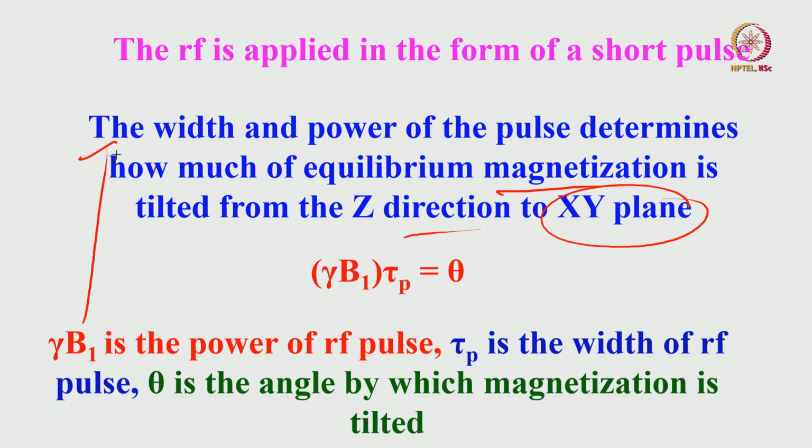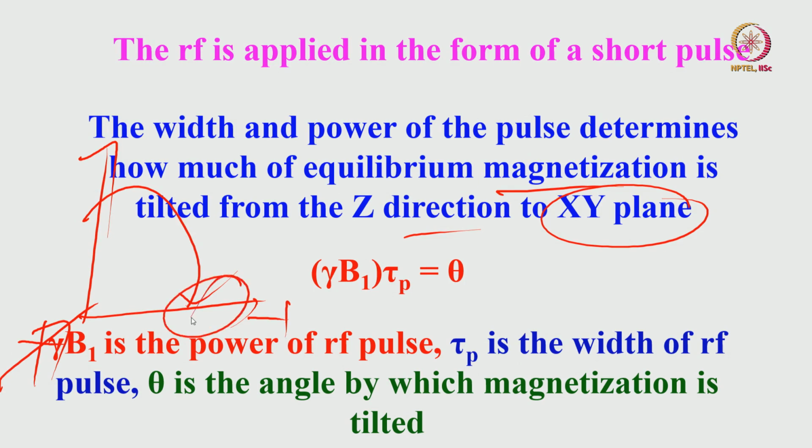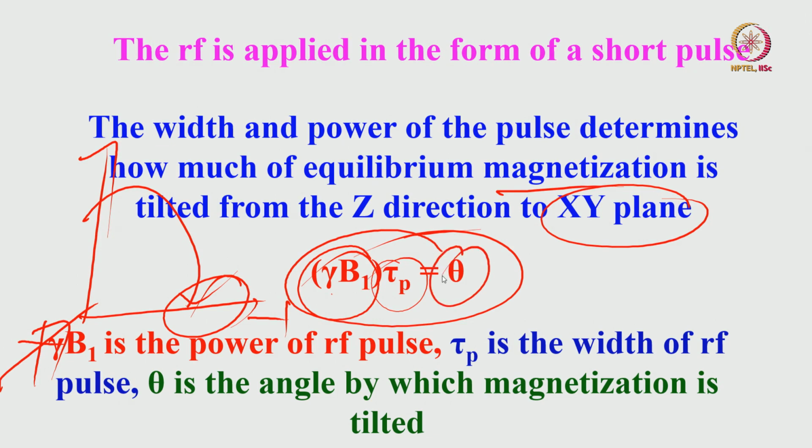Initially the magnetization is along the z axis, and you apply a radio frequency pulse along one axis, let us say the x axis here, and you tilt the magnetization to the y axis, and here we are going to detect the signal. How much the magnetization is tilted is given by this equation: gamma B naught over 2 pi. Gamma B naught is the RF power, Tp is the pulse width, and the angle theta by which you tilt is given by this power and width of the pulse.